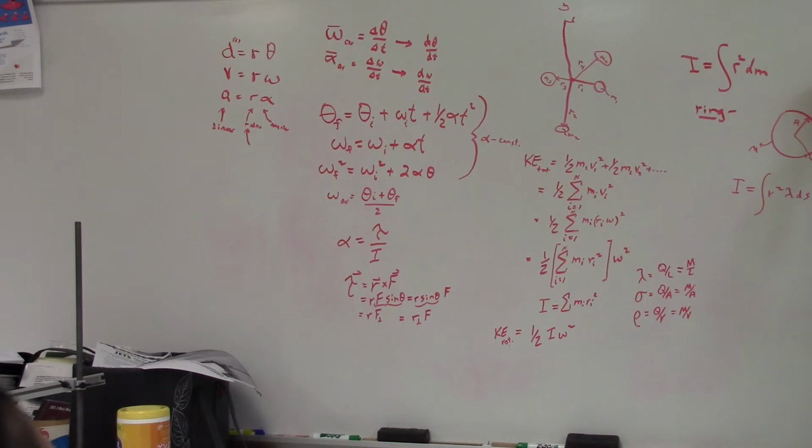So if I put in r squared, lambda, and for ds, r d theta, I'll get r cubed d theta.